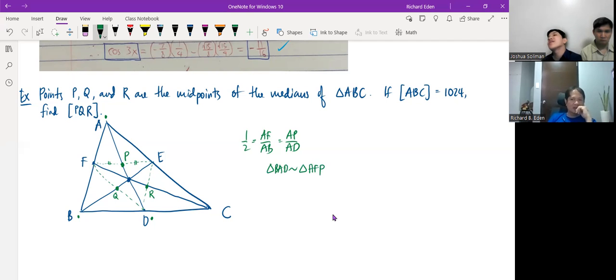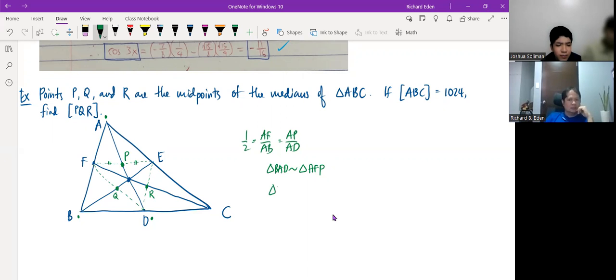They are similar by a scale of one half, the ratio AF over AB. Similarly, ADC must be similar to APE by a scale of one half, because AE over AC is equal to one half.